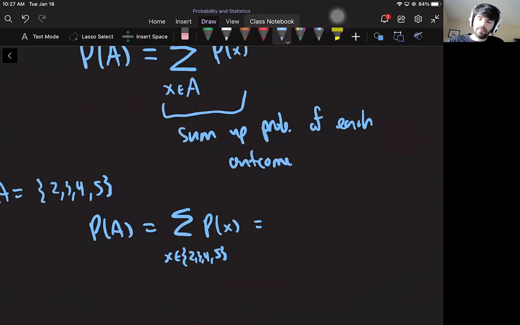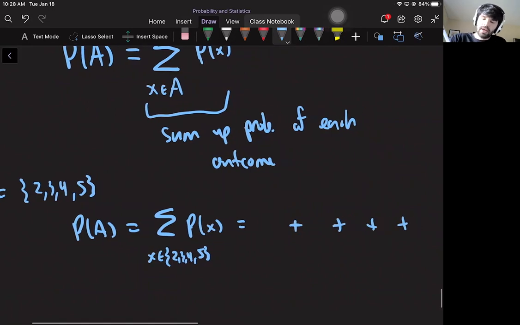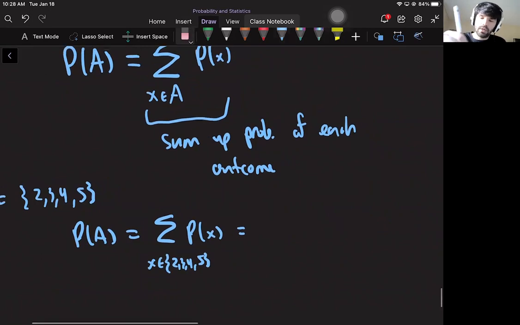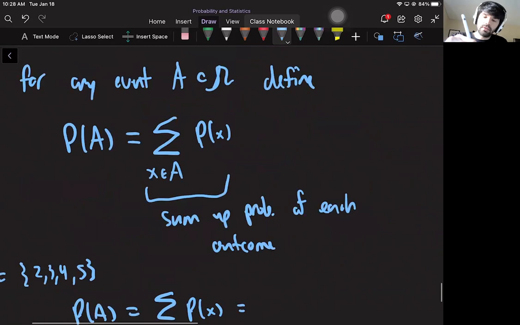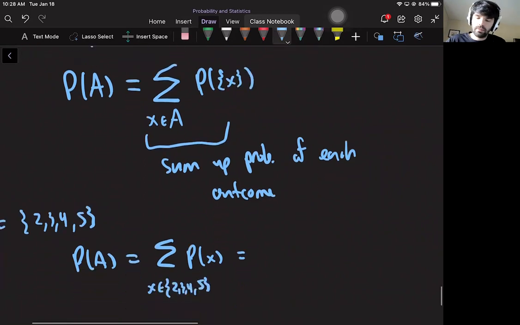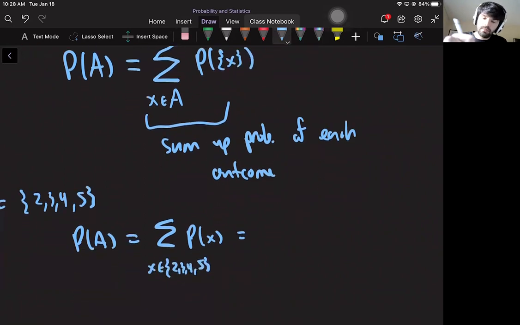So this is just saying add. And what is it saying to add? It's saying to add P of each event. I didn't make myself enough room. So I guess actually I'm missing one curly brace. So this should be the event consisting of one outcome each. So that's what this should be here.